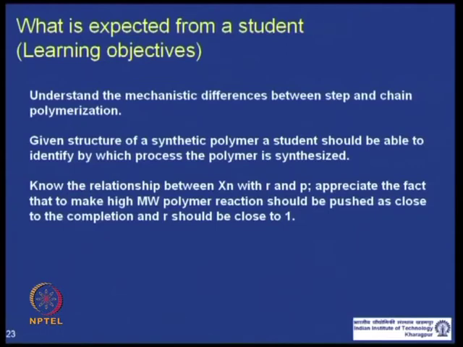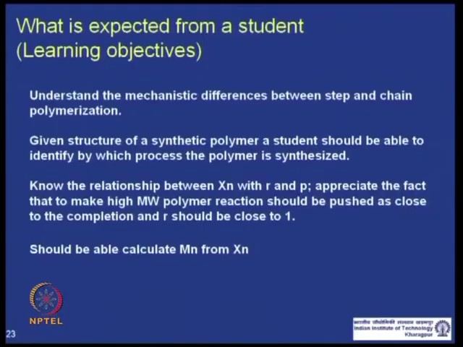You should also appreciate that to make a high molecular weight polymer, you should have a p value close to 1. So, you should push the reaction as much as possible, and also if you want to build a high molecular weight polymer, your r should be close to 1. And I have given a few examples during my lectures.